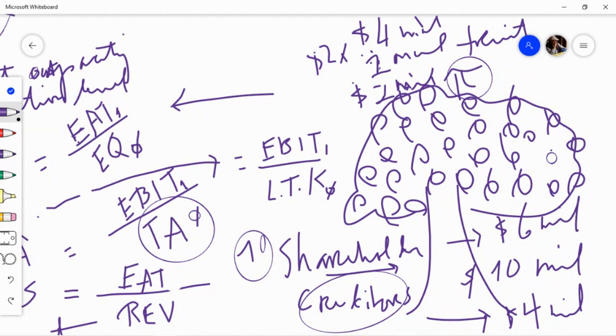Why? First of all, creditors don't have any claim to the profit. Creditors got their interest payment.